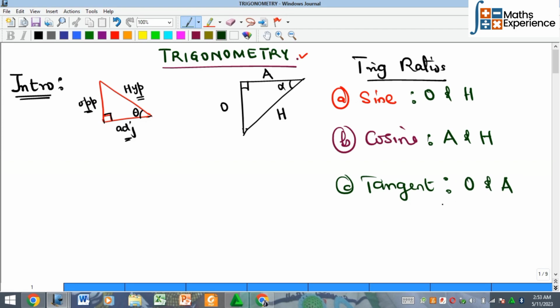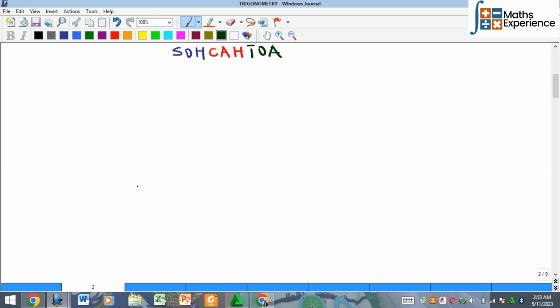In a very quick way, we are going to see what these relationships are. You would have heard this particular short statement called SOHCAHTOA.